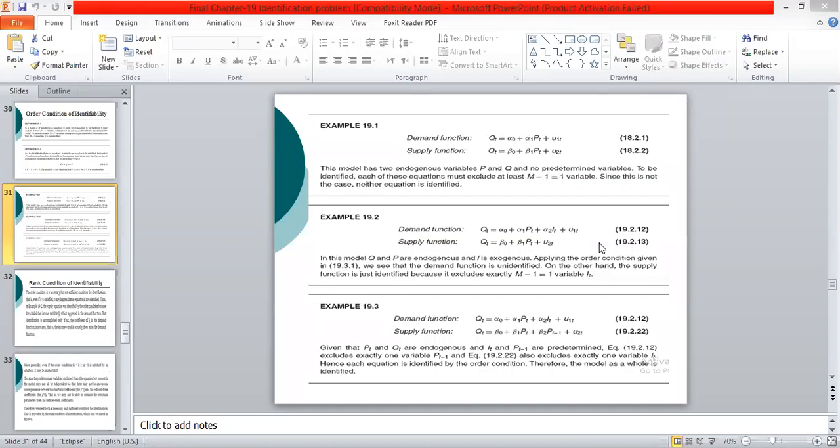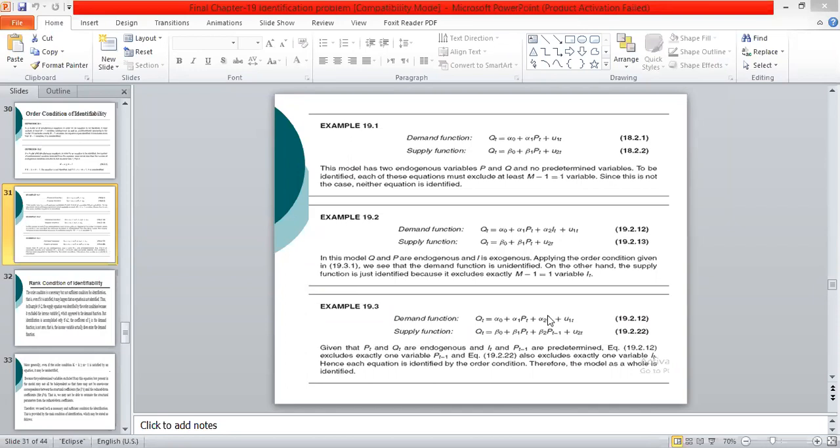Look at the third model. Again, write down your given information. Capital M is 2, because we have only two endogenous variables in the model, that is quantity and the price level. Capital K, we have two predetermined variables.